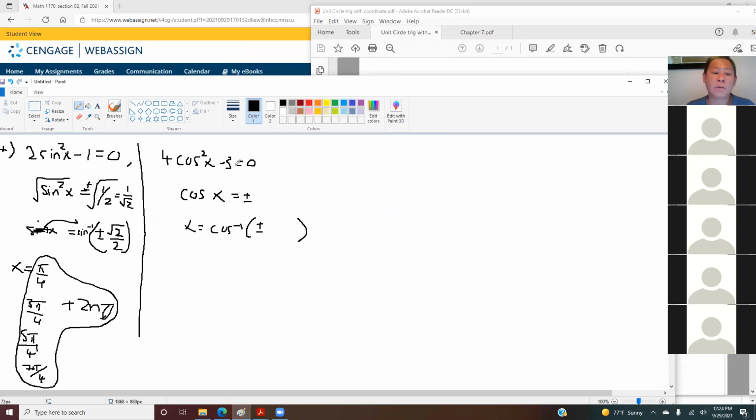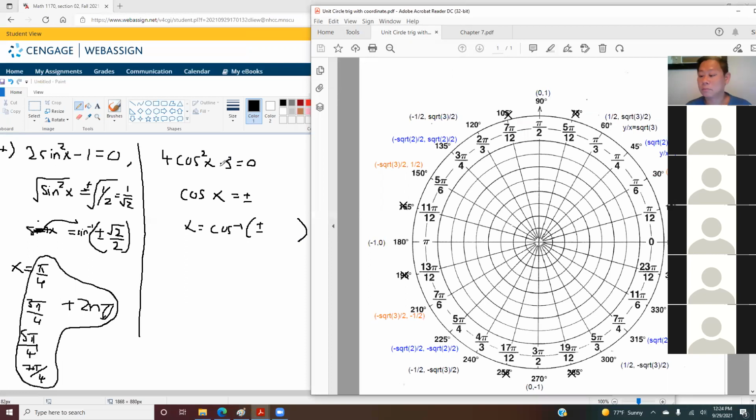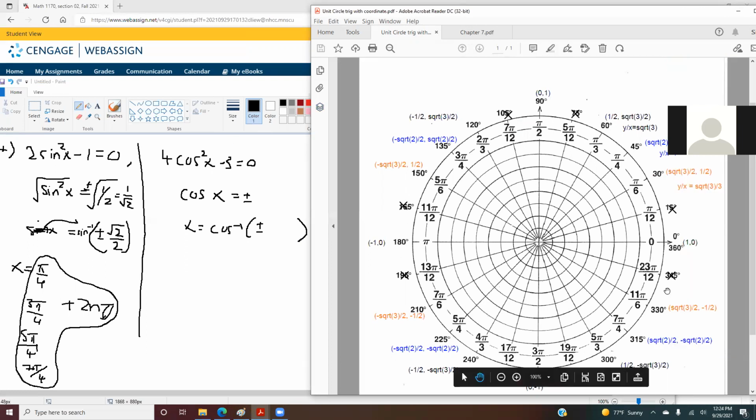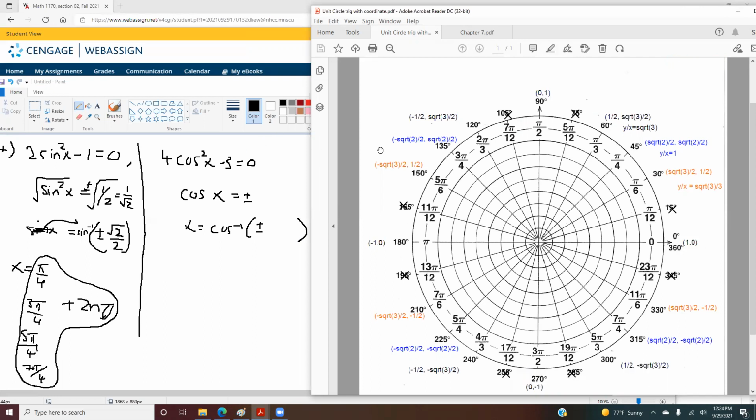Anyone know what you get when you solve for cosine x? Anyone? Hello?